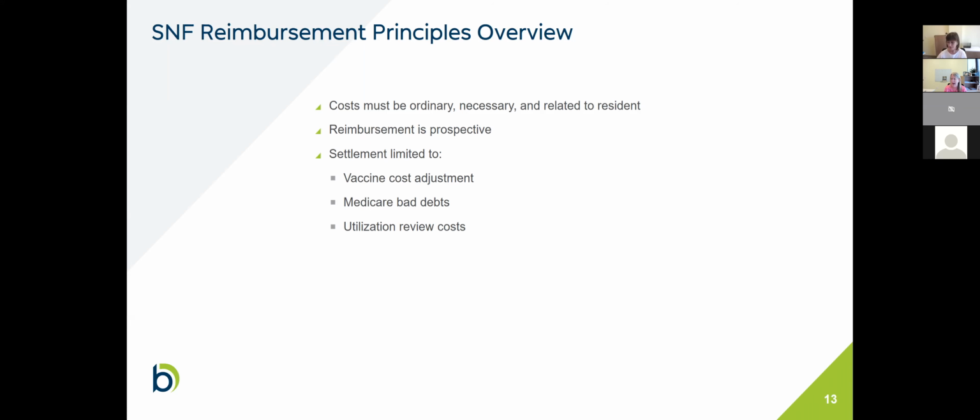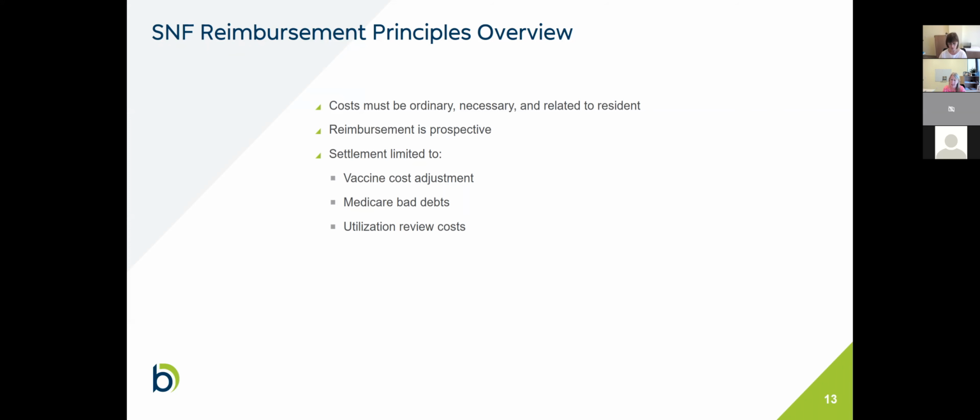So therefore they're not allowed. It's something we would take off on our A8. Another example is advertising and promotional. While we need them to promote our facility and make sure we're keeping our admissions up, it's not really related to the care of the resident, so Medicare does not allow that cost.